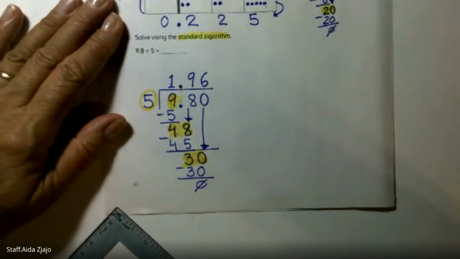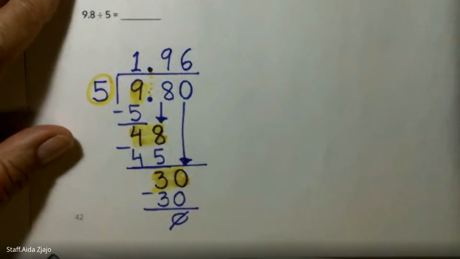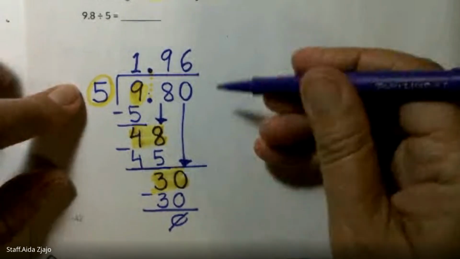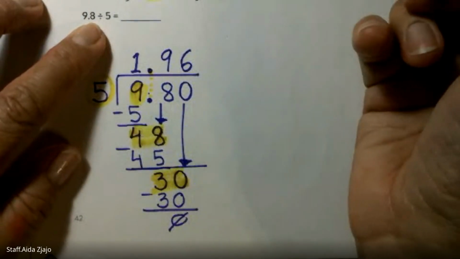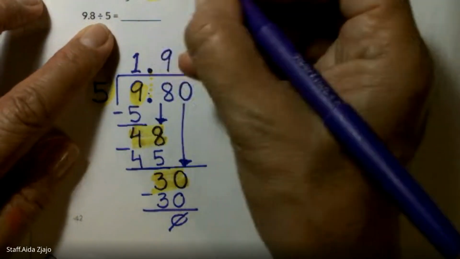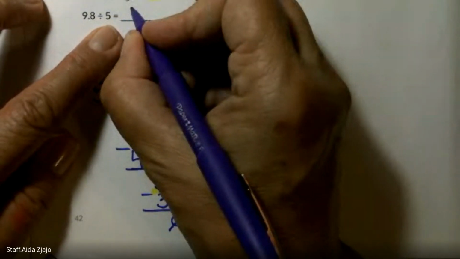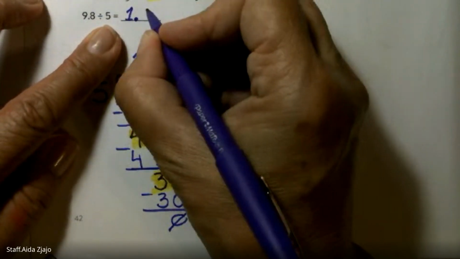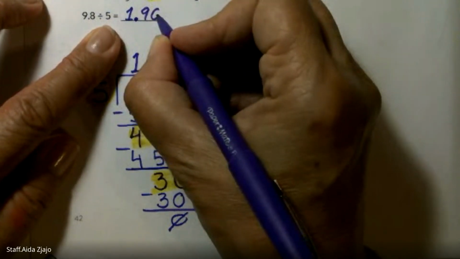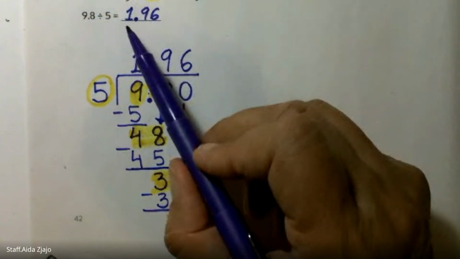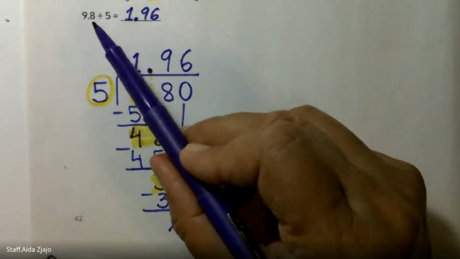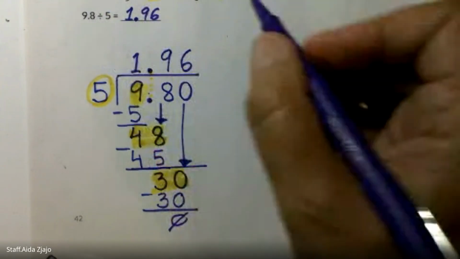So you can write $9.08 divided by 5 is 1 and 96 hundredths. Because in order to share equally, you had to change these 8 tenths.